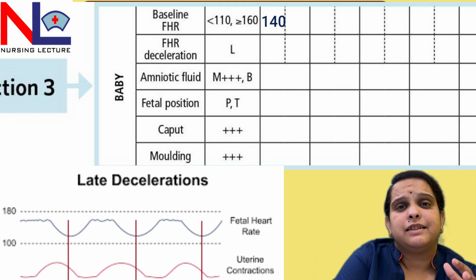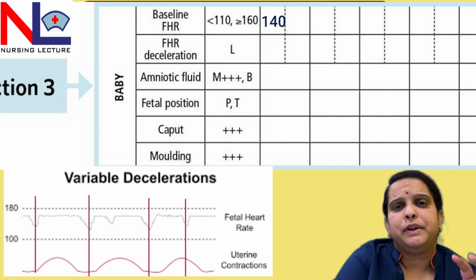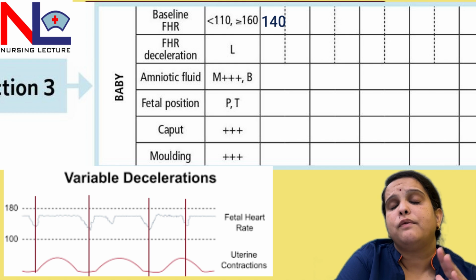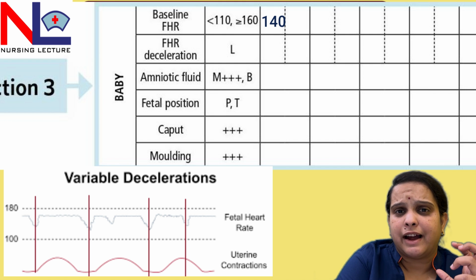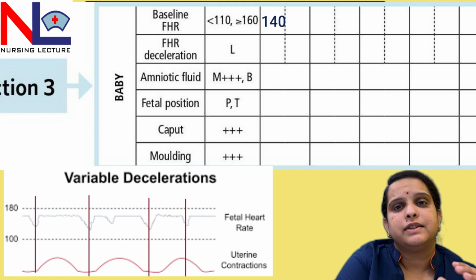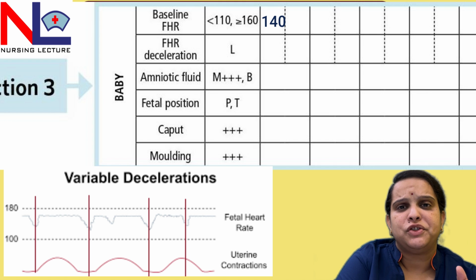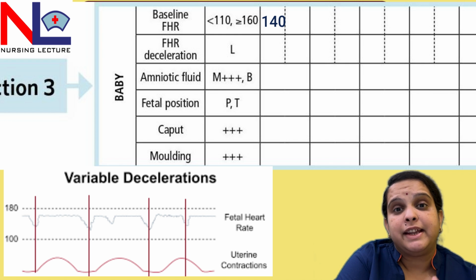The other deceleration is the variable deceleration, where an intermittent periodic slowing down of fetal heart rate could be seen, which is very fast in onset and fast in recovery, and that does not coincide with the uterine contractions' duration or frequency. So thereby it is variable, it varies a lot.